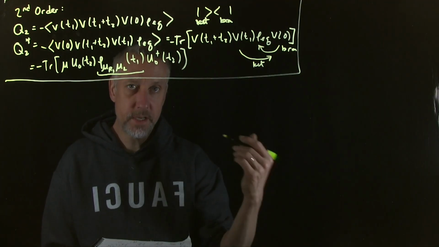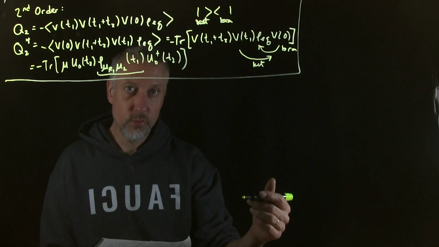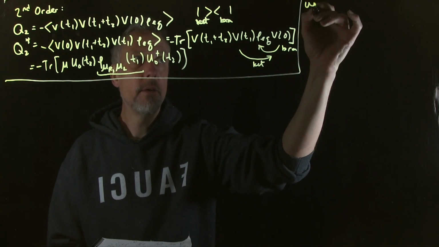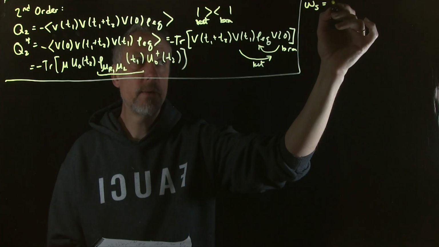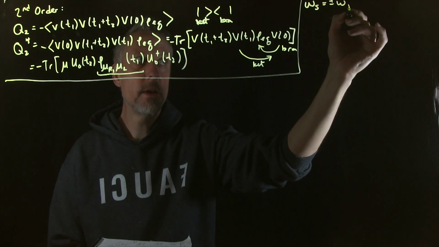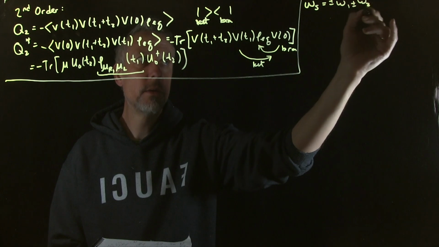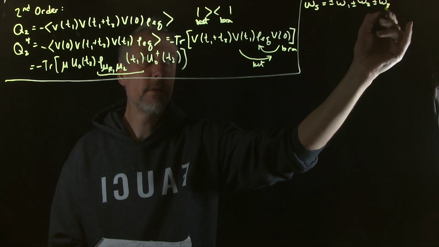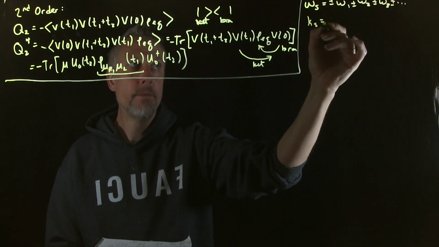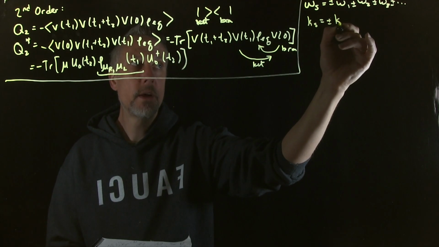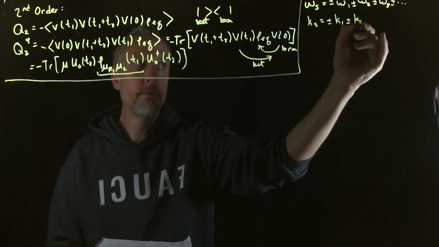So once we pick a particular frequency to detect or a particular direction, we will limit to a certain extent the signals that we can see. So plus or minus omega 1, plus or minus omega 2, plus or minus omega 3, and so on, for as many as we have. Same thing, there's a one-to-one correspondence with the wave vector.